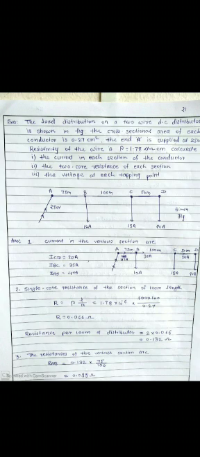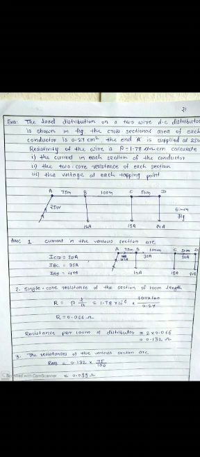Okay, so out of the 47 ampere, at point B 12 ampere is tapped. So we subtract: 47 minus 12 ampere. This much current is in the section BC, and that current is 35 ampere.